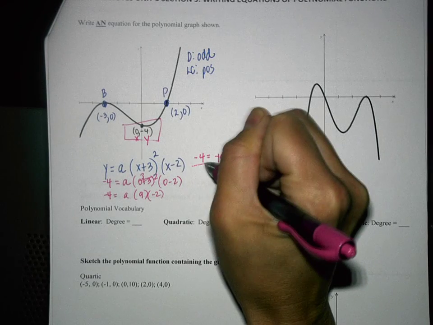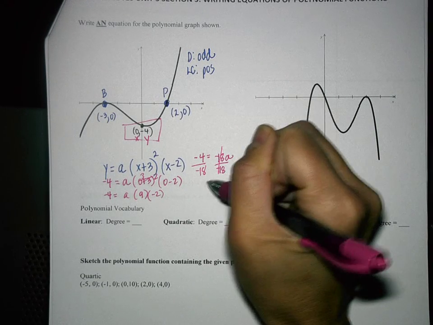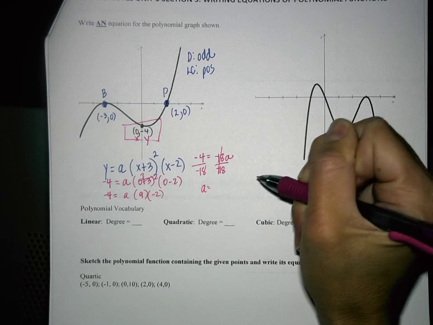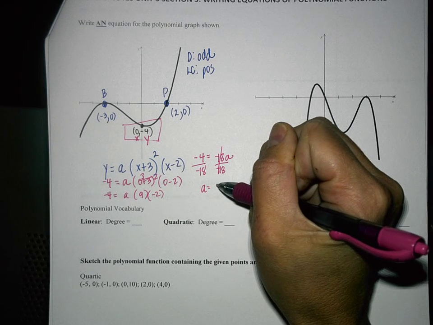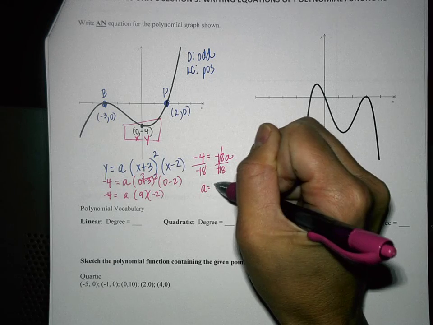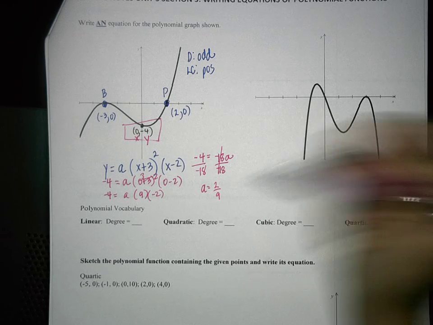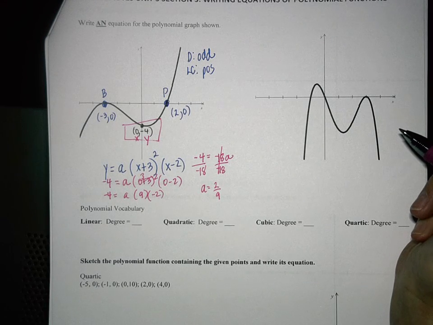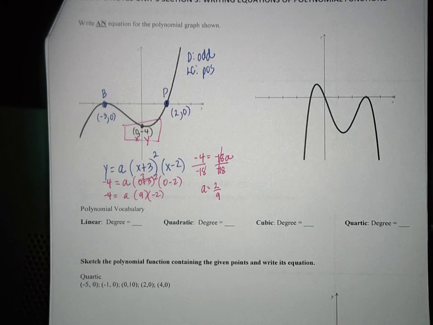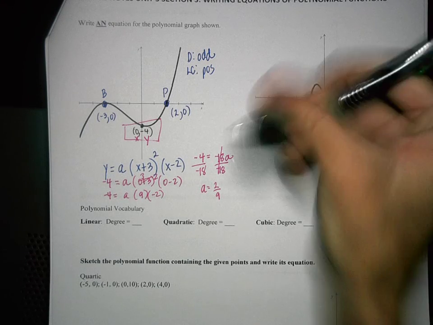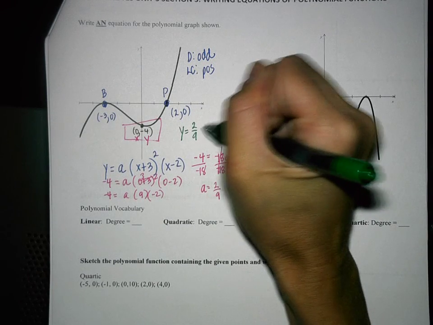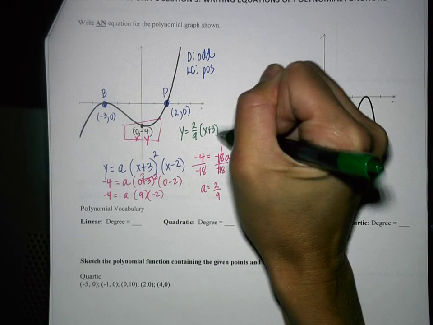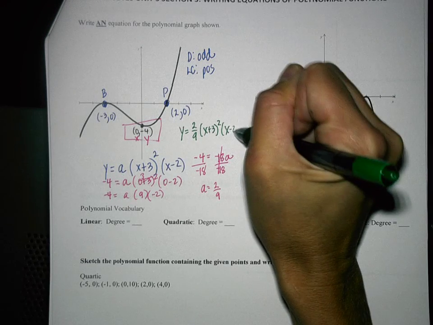Divide by -18, and a equals positive or negative? Good, positive 2/9, because a negative divided by a negative makes a positive, and then we can reduce by 2. So my actual equation is y equals 2/9 (x plus 3) squared times (x minus 2).